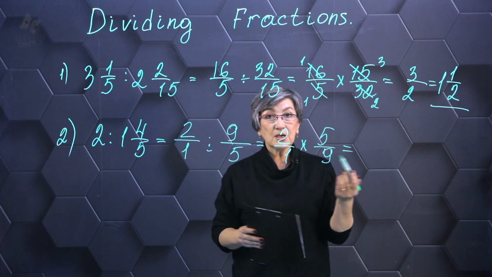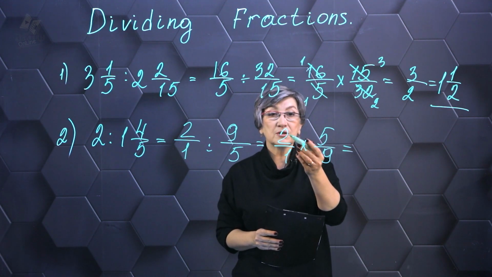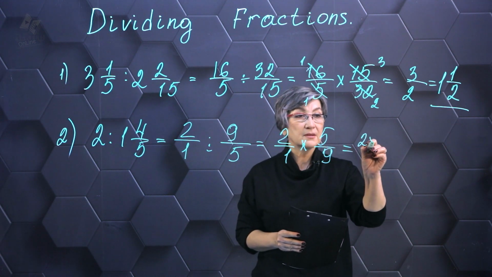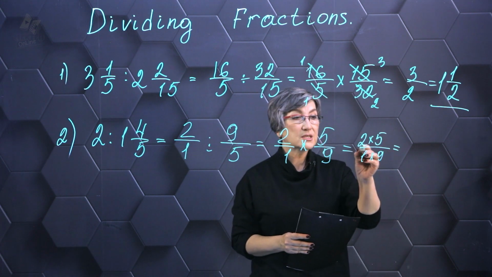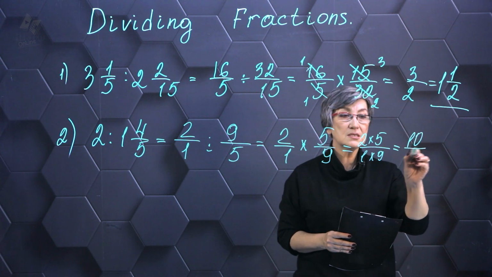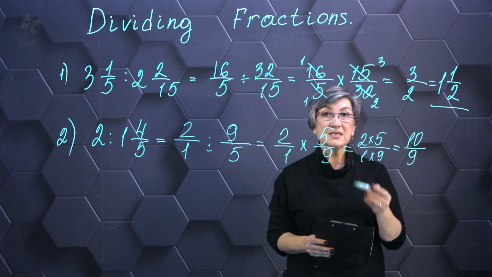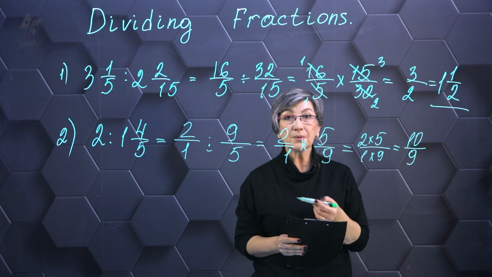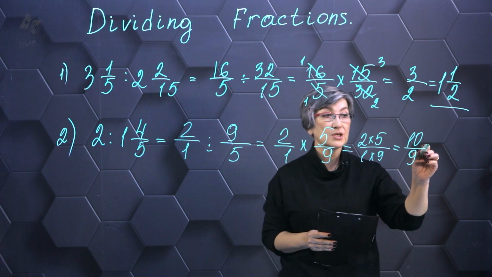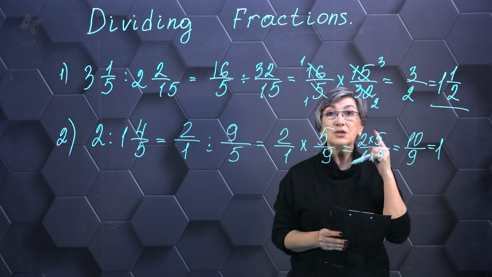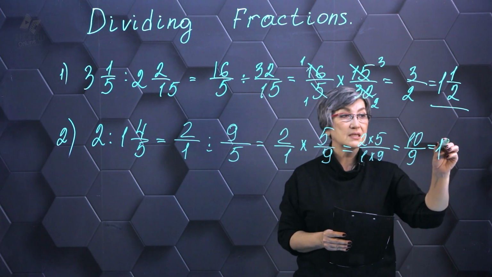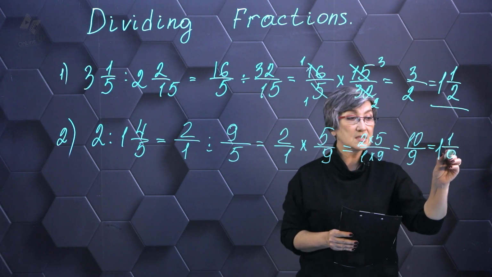There's no reduction here. Then I multiply 2 times 5 and 1 times 9. So 2 times 5 is 10/9. 10/9 is an improper fraction, so I have to take the whole part. 10 divided by 9, that's 1 whole, and there's 1 left over. I write it in the numerator and leave the denominator the same.